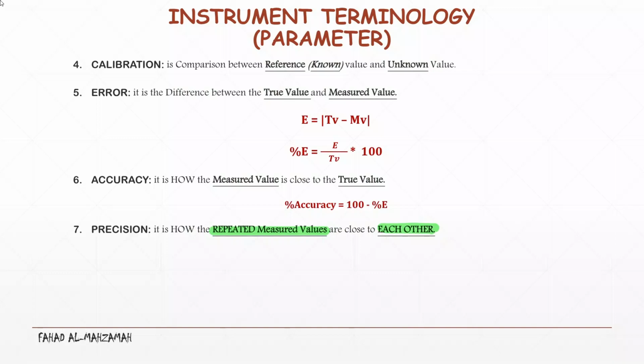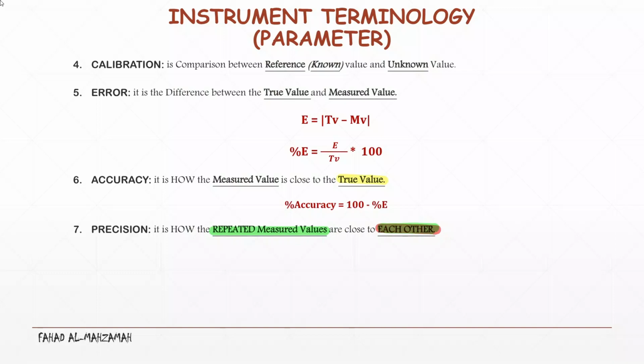Now, what's the difference between accuracy and precision? In accuracy, we are comparing the measured value with the true value. But in precision, we are comparing the measured values with each other, how close they are to each other.